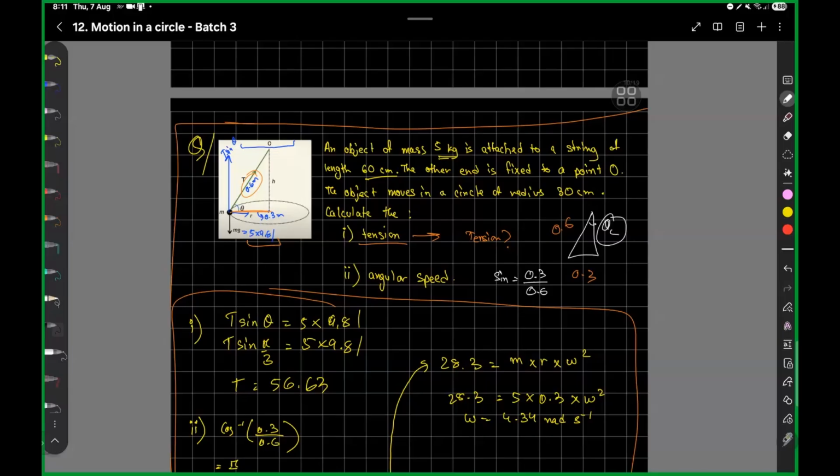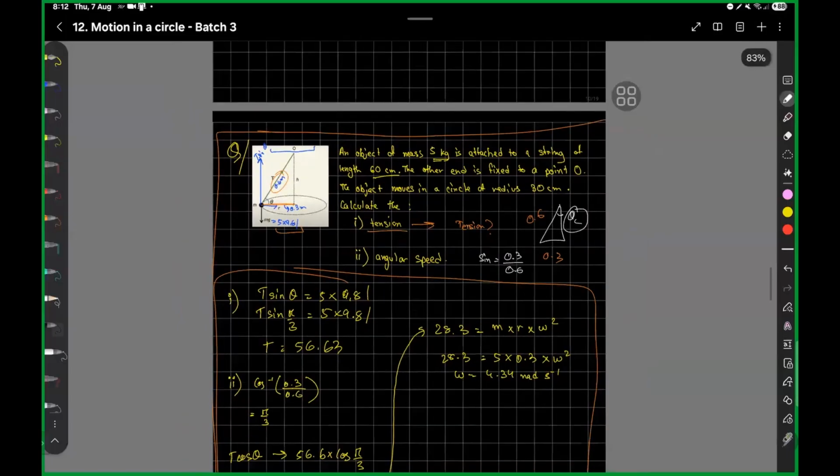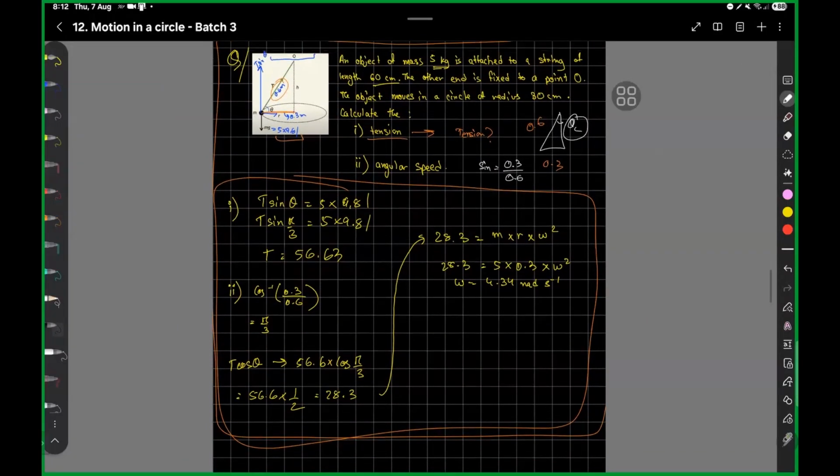Now, what's the other part? Angular speed. Angular speed is what? Omega, right? At what rate is the angle changing? Rate of change of angle. For that, what can we do? We can work either with v equals r omega, or I can directly work with the centripetal force formula.